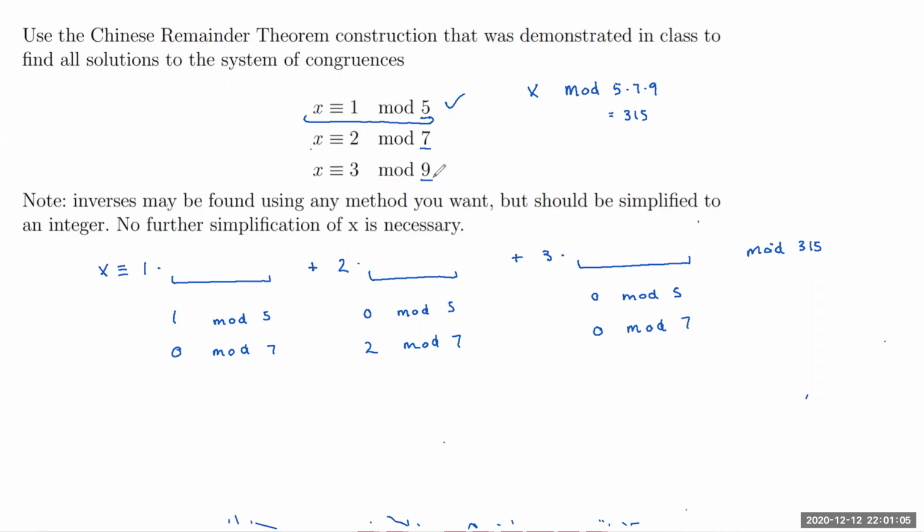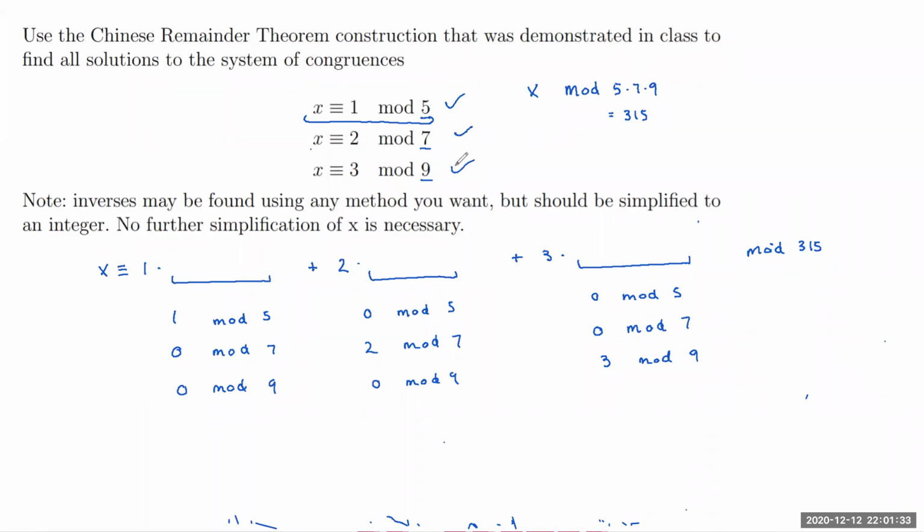Finally, for our term mod 9, we want to make sure the first two are 0 mod 9 and 0 mod 9. And then our last term, we want to make sure that it's 3 mod 9. So when you take this x and mod it by 9, it's only going to leave this third term, which has to be 3. And that will make sure that all of these 3 congruences hold.